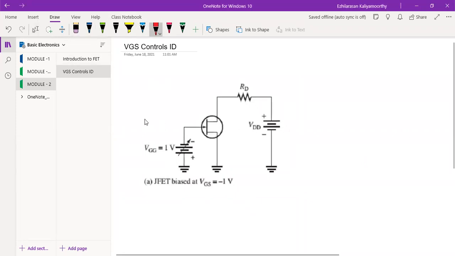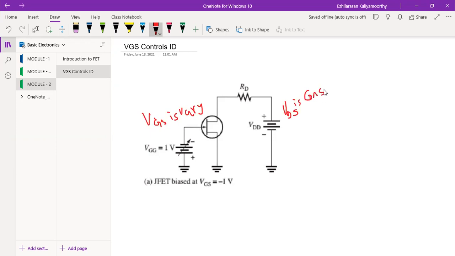So let me write here, VDD means VDS is constant. VDS is constant value. You can assume, for example, VDD is equal to 5 volt.